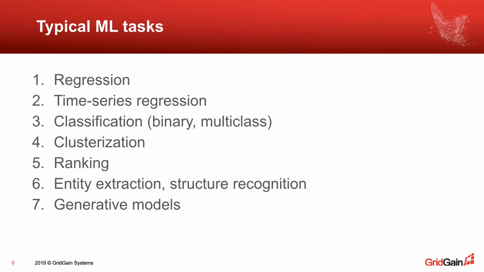It could be a ranking task, it could be entity extraction or structure recognition or pattern recognition, when we analyze our data and we want to get some structure from this data, but we don't know the specific fields, the specific structure, and we try to find it out. And generative models.